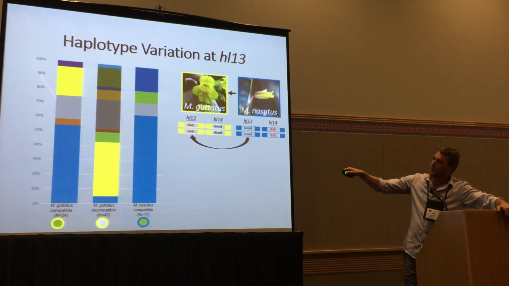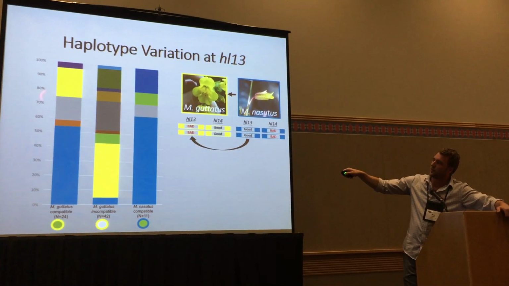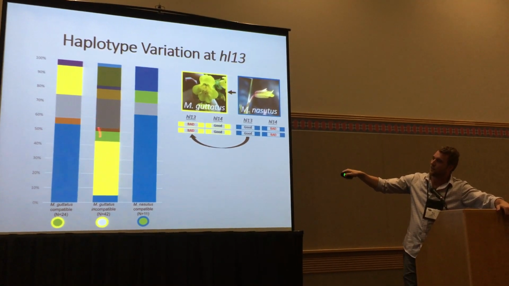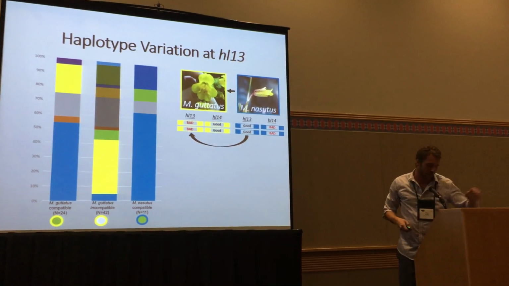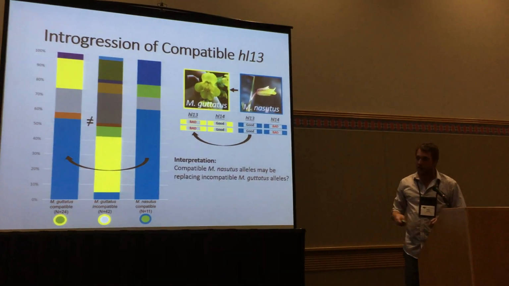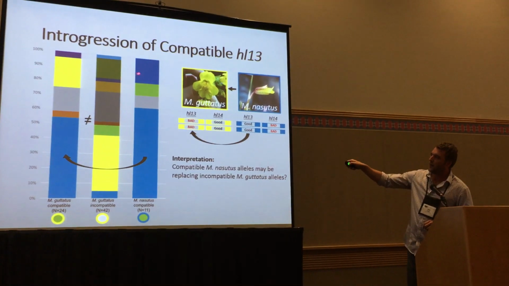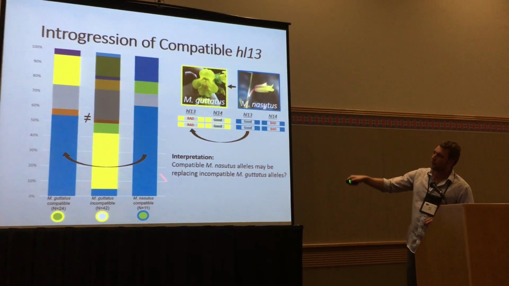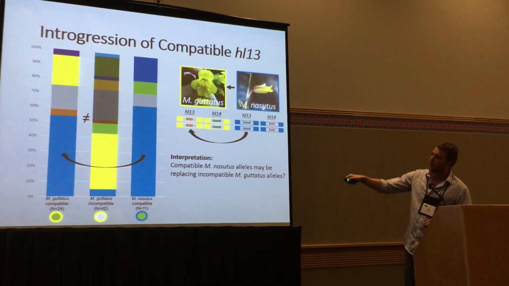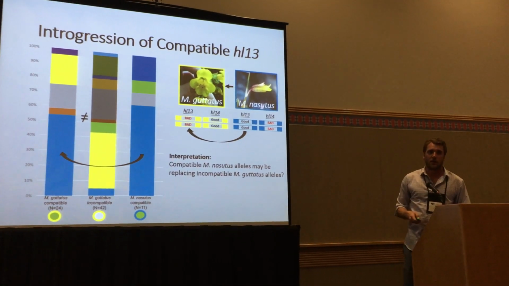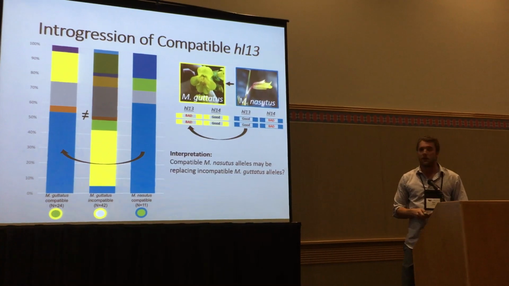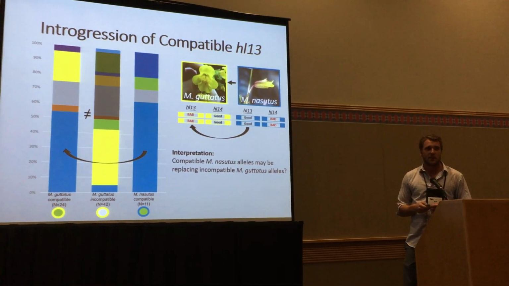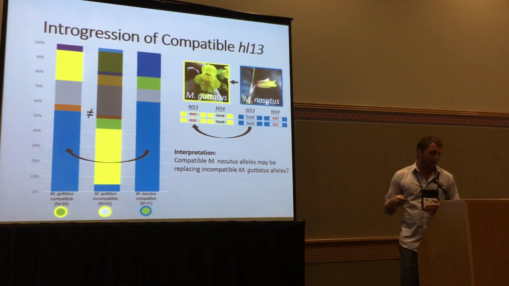This is the haplotype structure for individuals of Guttatus with the good allele, and these are the Guttatus with the bad copy, which we think is the ancestral copy. What you can see is there's quite a bit of overlap in the haplotype structure here and here, indicative of gene flow from Nasutus to Guttatus at that locus. And that suggests that the incompatibility itself might be being degraded.